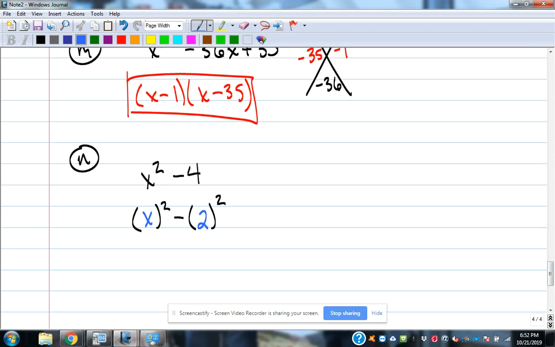If I can rewrite it like that, that makes the factoring quick and easy. The trick, or the shortcut, is that if you can rewrite it like this, then you're going to have two factors. Both will have x in the front. Both will have 2 in the back. One will be a plus, one will be a minus.